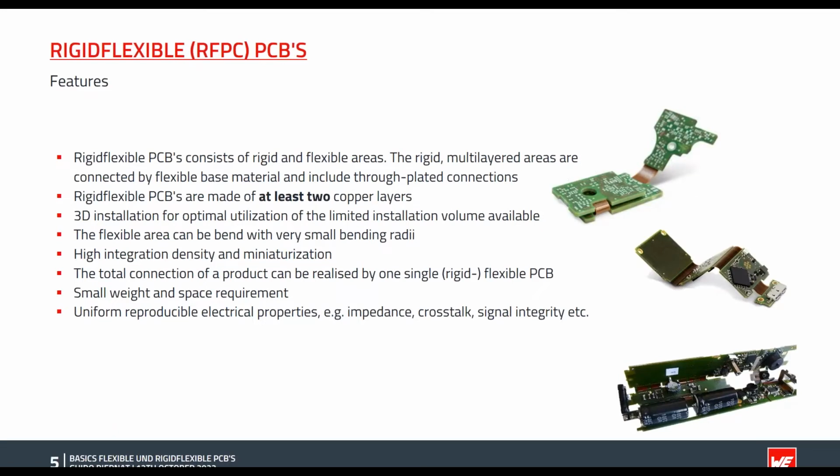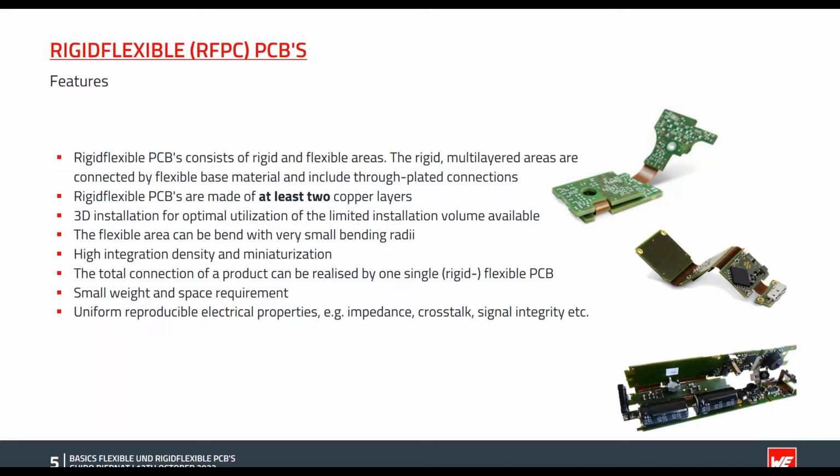The features of the rigid flex boards: rigid flex PCBs consist of rigid and flexible areas. The rigid multilayered areas are connected by flexible base material and include through plate connections. Rigid flex PCBs are made of at least 2 copper layers. 3D installation for optimal utilization of the limited installation volume available.